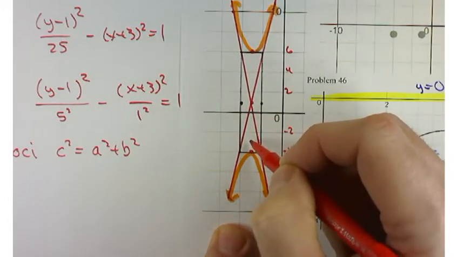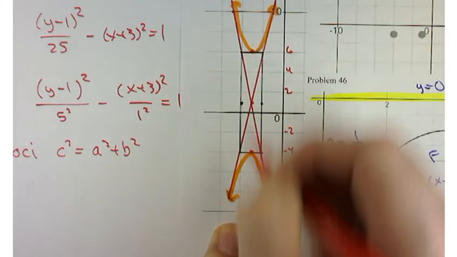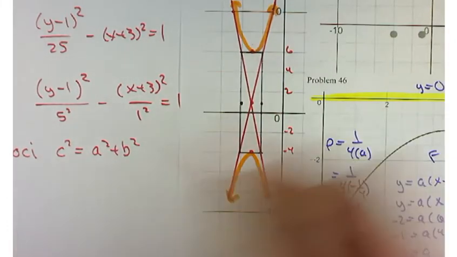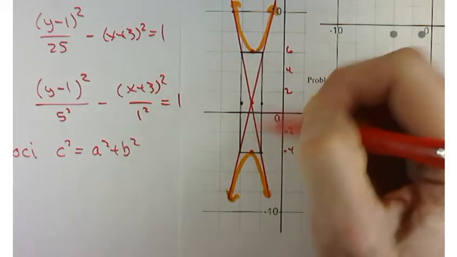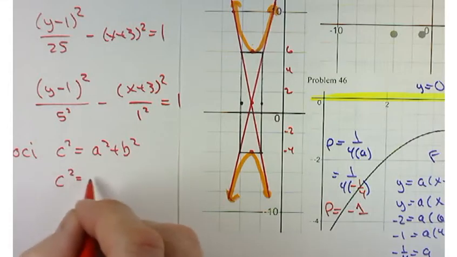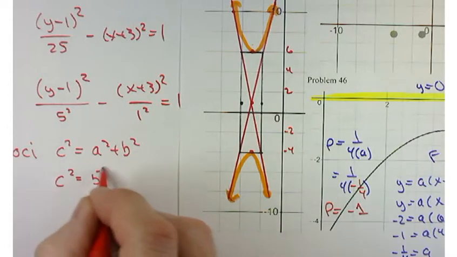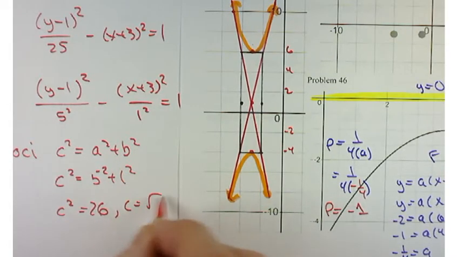And instead, you know your foci have to lie inside each branch of the hyperbola. So hopefully if you use the wrong formula and see that these aren't in the right spot, it would fix itself. You'd say, oh, I got to use the other formula. So 5 squared plus 1 squared gives me c squared equals 26, or c equals the square root of 26.